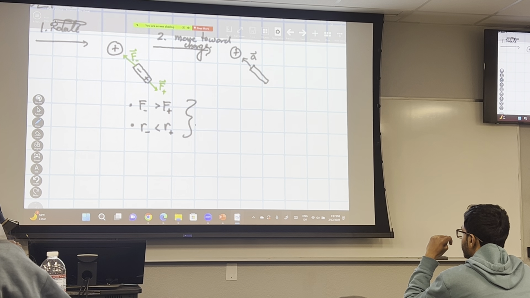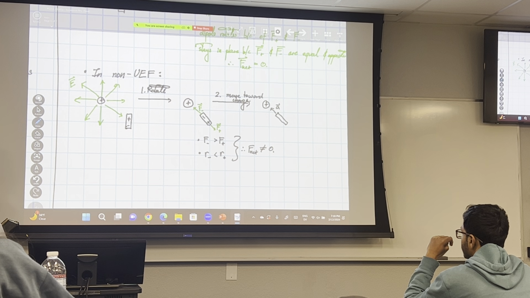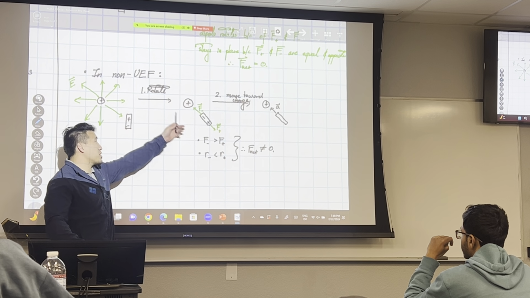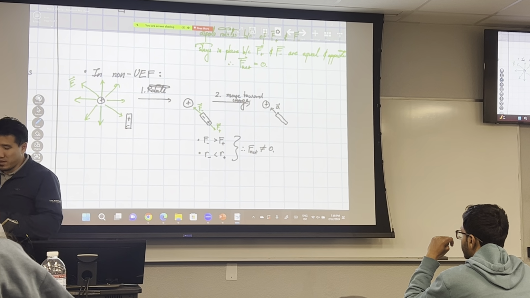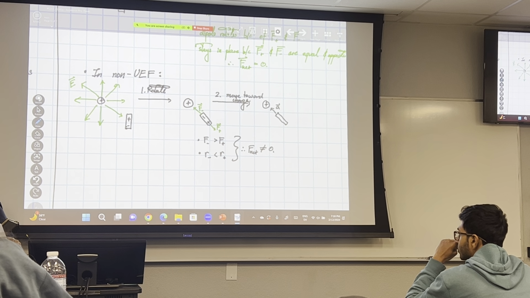Therefore, F net is not equal to 0. So in a non-uniform electric field, the dipole will rotate and it will begin to translate, whereas in a uniform electric field, it merely rotates.